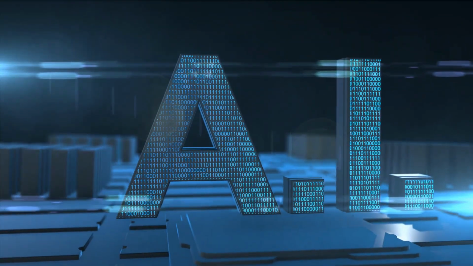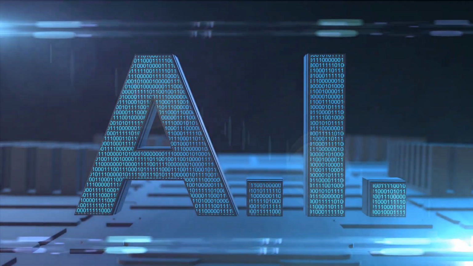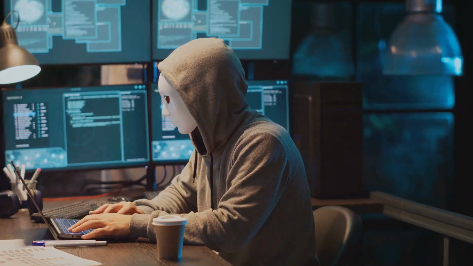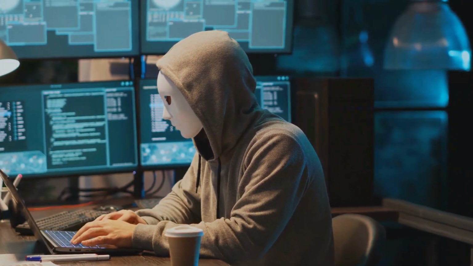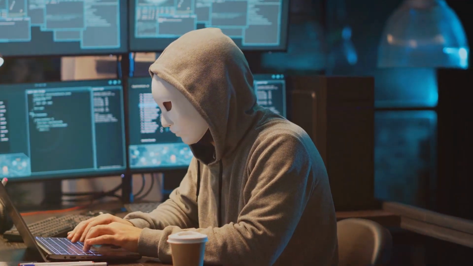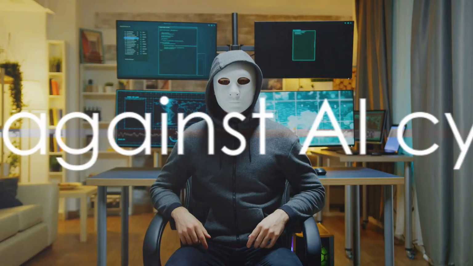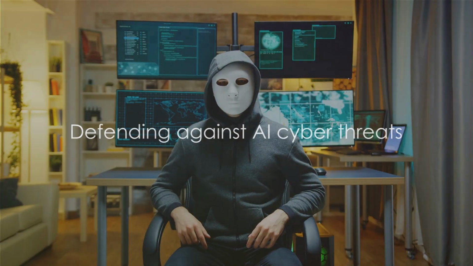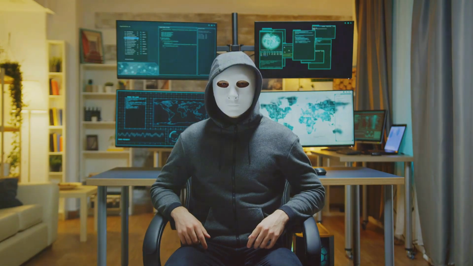In healthcare, manipulated AI models could provide incorrect or even harmful medical advice. And in autonomous systems, a disrupted or disabled AI could lead to accidents or harm. Extraction and DOS attacks can have serious consequences, but remember there are ways to defend against these threats.